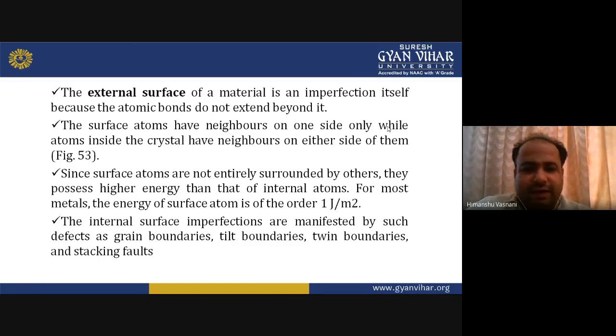For most metals, the energy of the surface atoms is of the order of 1 joule per meter square. The internal surface imperfections are manifested by such defects as grain boundaries, tilt boundaries, twin boundaries, and stacking faults.